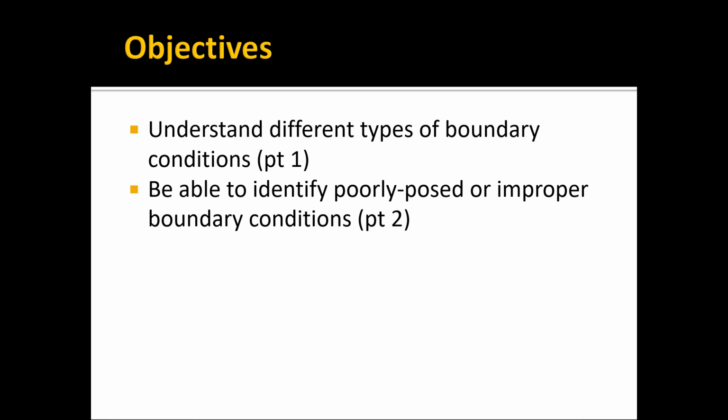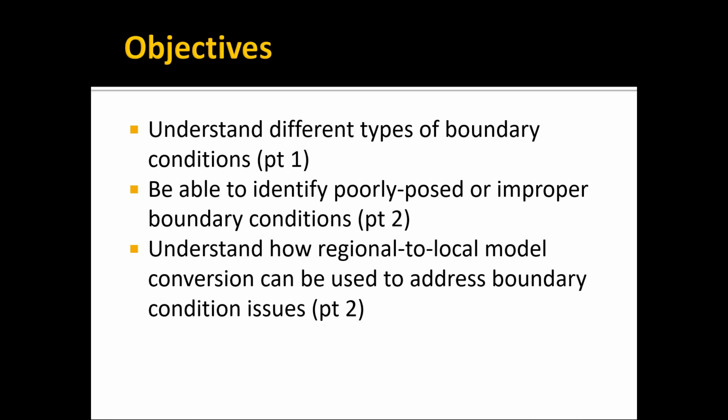But there are a lot of ways you can mess up your boundary conditions, so we're going to have a discussion in part 2 on some of the problems with ill-posed, improperly configured boundary conditions.